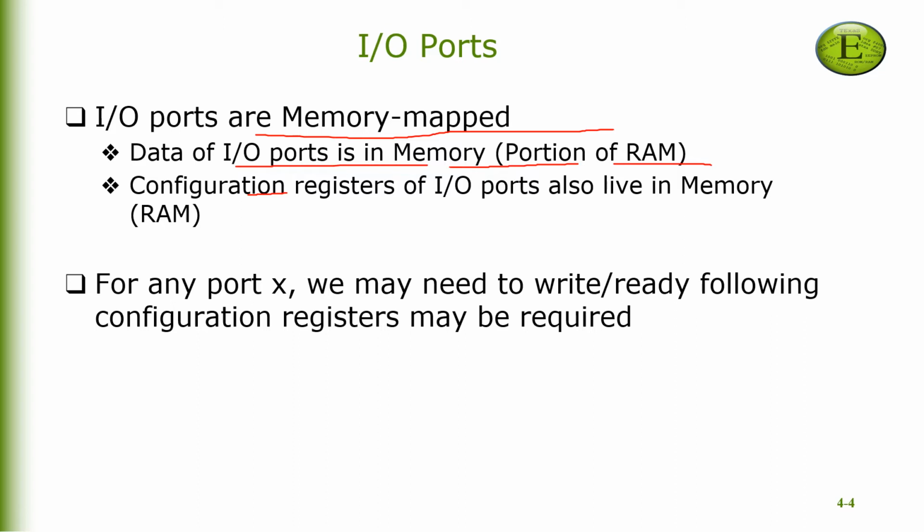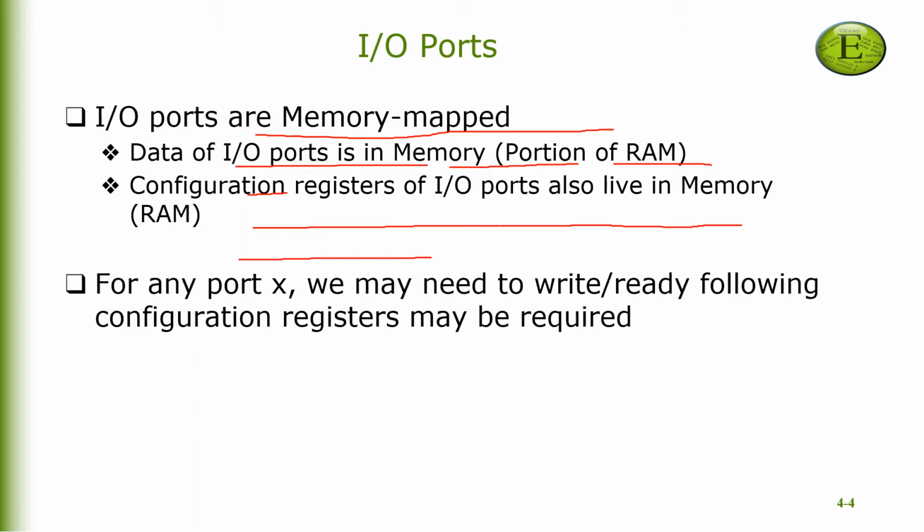The other vital component of a memory mapped I/O is that the configuration registers, that is the registers that we are going to write for the purpose of configuring an I/O port, also live inside the memory.